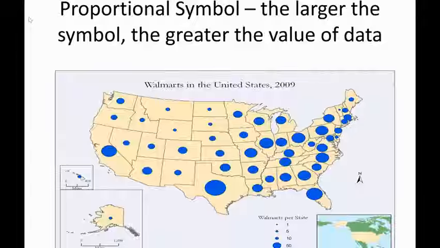And unlike a dot density where you'd have several clusters of dots, here you can see that the value of data is just one dot. And in this one, you can see it's Walmarts per state. And if it's a small dot, then they have very few Walmarts. And the larger the proportion gets of the symbol, in this case a circle or a dot, then the more Walmarts you have.